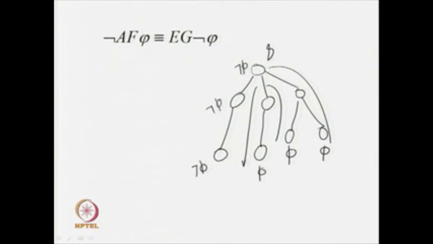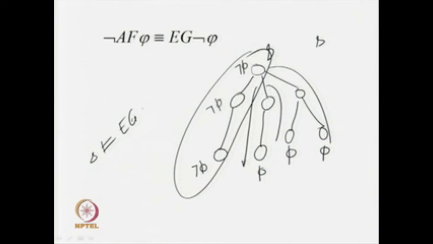So what it says is that we are going to get one particular path where globally not of phi is true. Since in this state diagram, in state S, there exists a path where globally not of phi holds, similarly you will find that in this particular state S, not of A F phi holds. Basically we are getting one path where in the future phi is not true, so not of A F phi is true in this particular state.